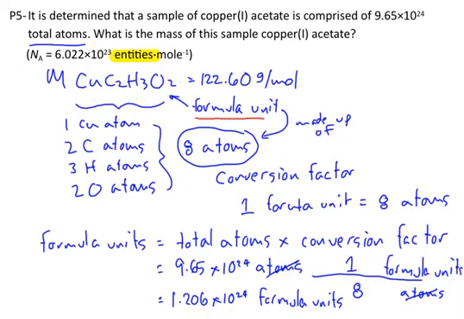So what we have to get is formula units. We can't get a molecular mass for total atoms. We need to get a molecular mass for our copper 1 acetate. That's our chemical entity. So before we do that, we have to get the formula units of copper 1 acetate, and we've done that. And so now we can carry on with the rest of the problem, and it's pretty straightforward once we have figured out the number of formula units.